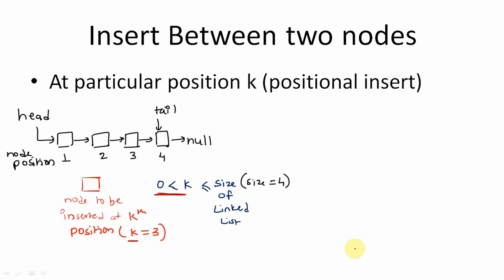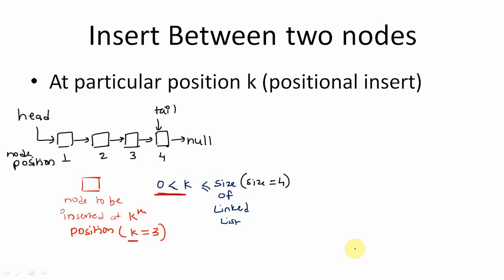If k is a valid position, that is k is greater than 0 and less than or equal to the size, we will identify the k minus 1 node. Why do we need k minus 1? Because we want to change the next reference of that particular k minus 1 node. In our case, the k minus 1 node is 2.